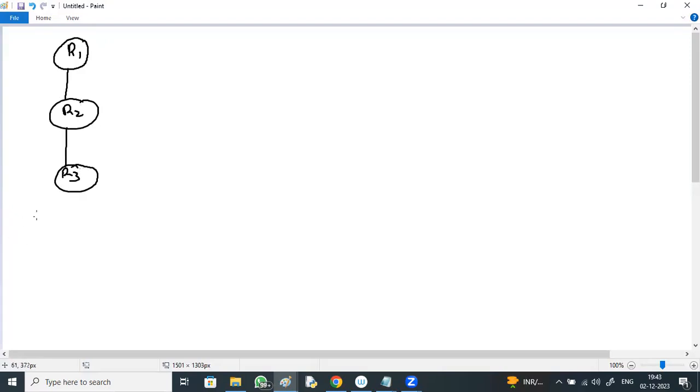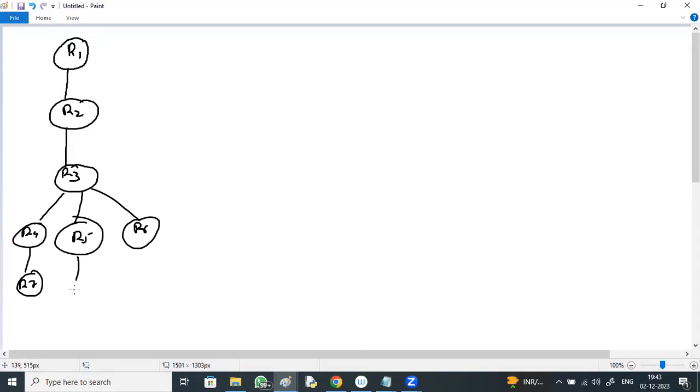From R3, the output is taken by these three: R4, R5, and R6, and then R7, R8, R9. In this way you have it. R1 output is taken by R2, R2 output is taken as input by R3. R3 output is taken by R4, R5, and R6.